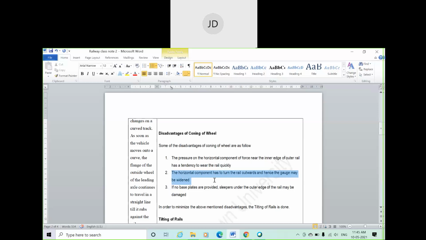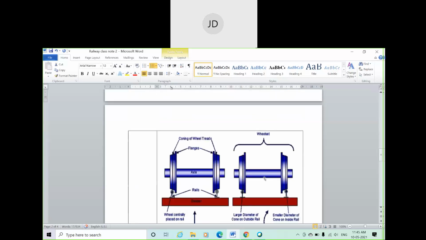The horizontal component has to turn the rail outward, and hence the gauge may be widened. That means the horizontal thrust always acts in this direction. I'll show you here, it acts in this direction.